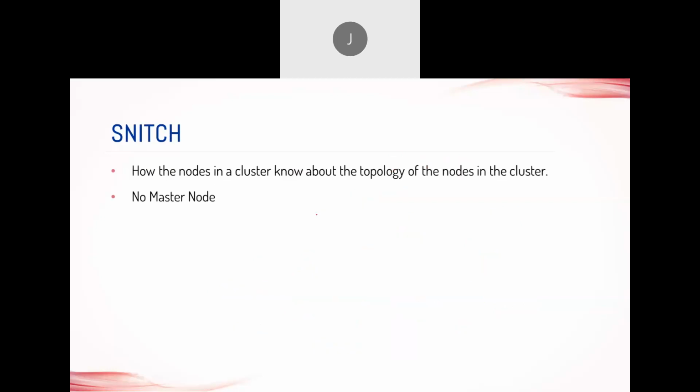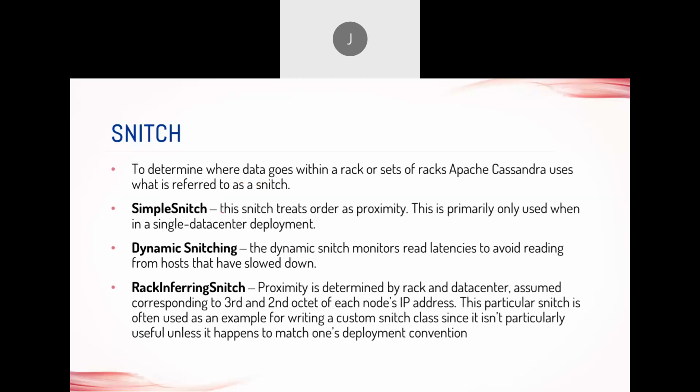Snitch is nothing but how the nodes in the cluster know about the topology of the nodes in the cluster. There will not be any master node. So to determine where data goes in the racks, Apache Cassandra uses what is referred to as a snitch.